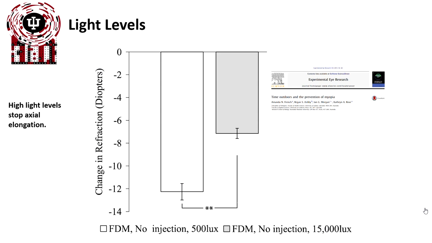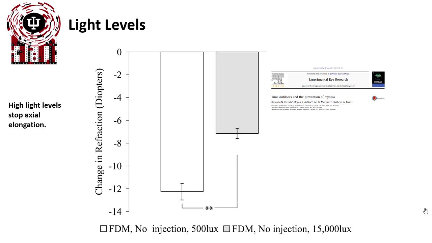Light levels also might play a role in how our eyes respond to defocus. Here's an example where they did form deprivation at different light levels. In one group, the animal was reared at 500 lux, and in the other group, the animal was reared at 15,000 lux.